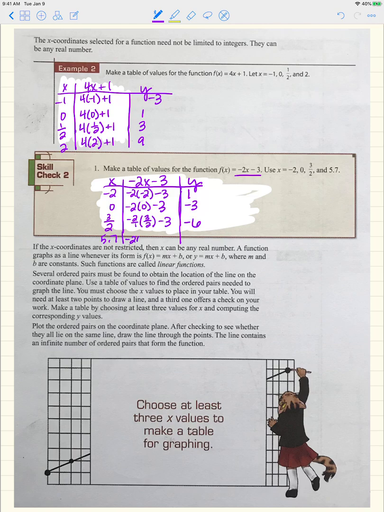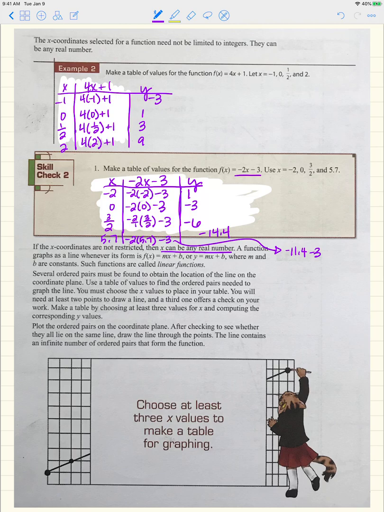And then -2 times 5.7 minus 3, okay? -2 times 5.7, I'm going to just write that over here, give us a little bit more room, is -11.4 minus 3. -11.4 minus 3 is -14.4, okay?